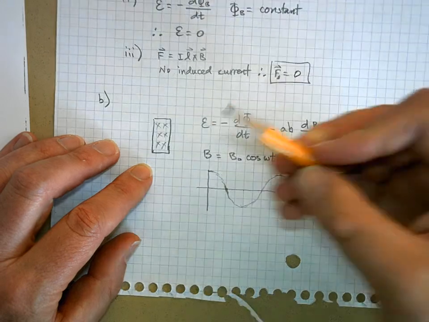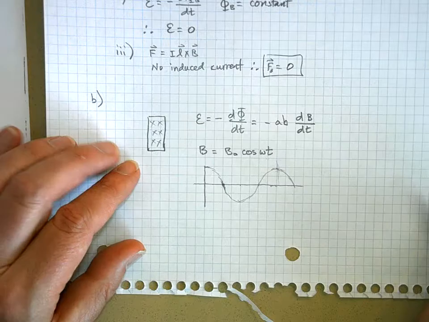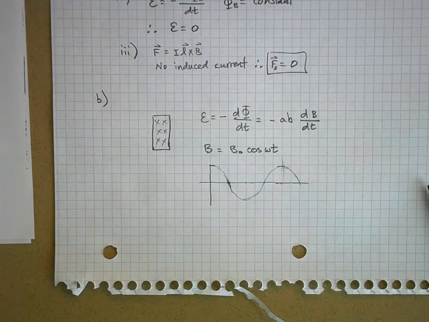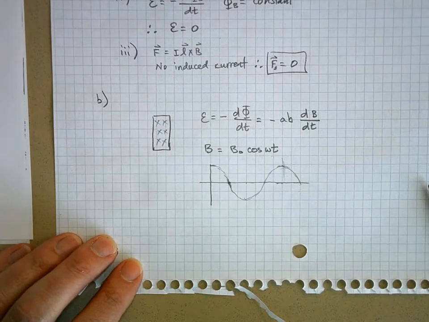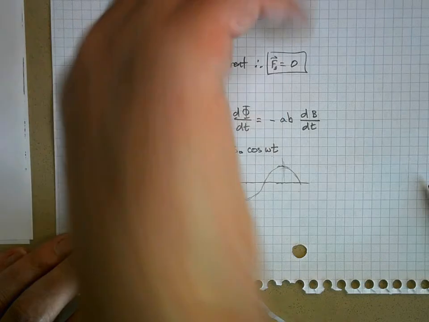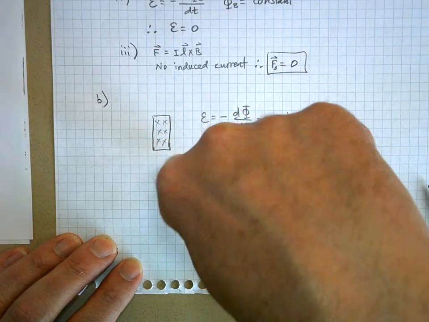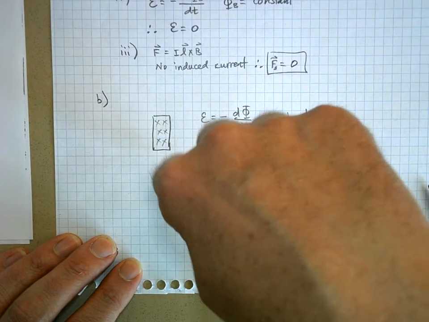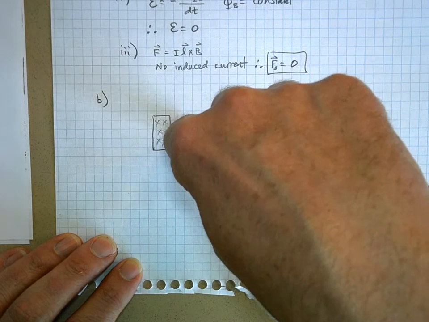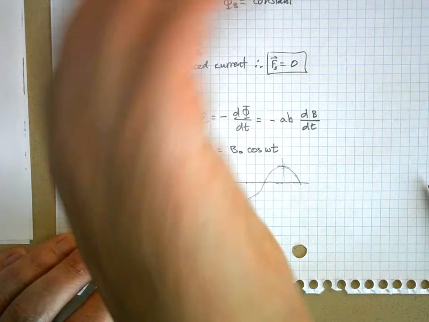Pretty soon it's going to be out of the page, and it says, no, I don't like change. Keep the flux going into the page, please. And so it will induce a current that will create a magnetic field that goes into the page. So you take it with your right hand rule.